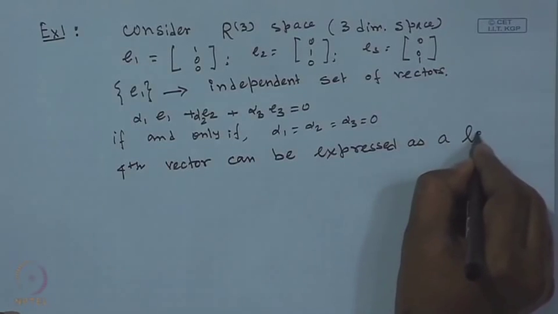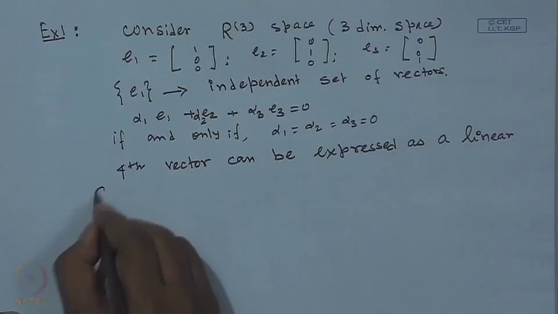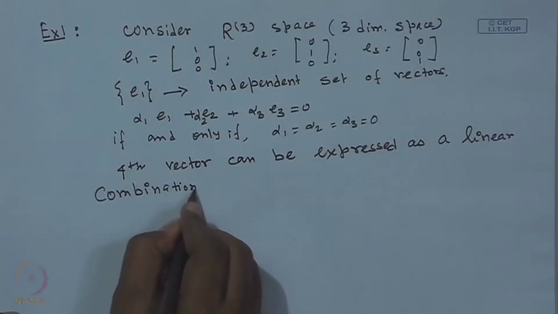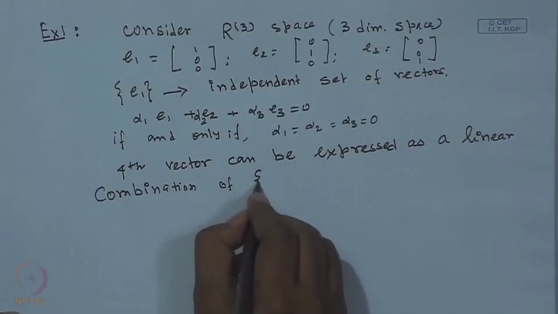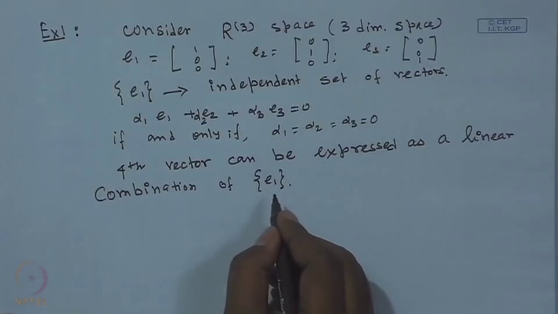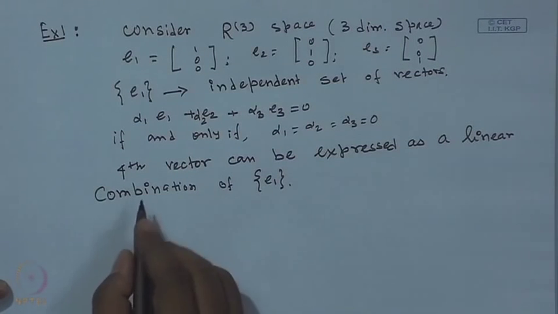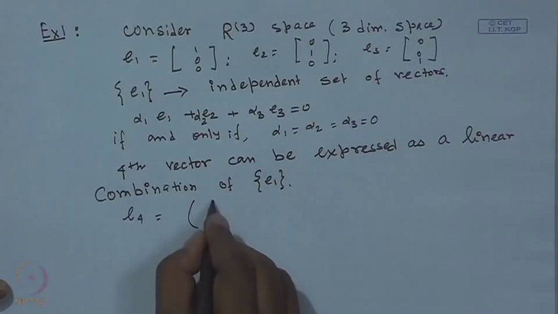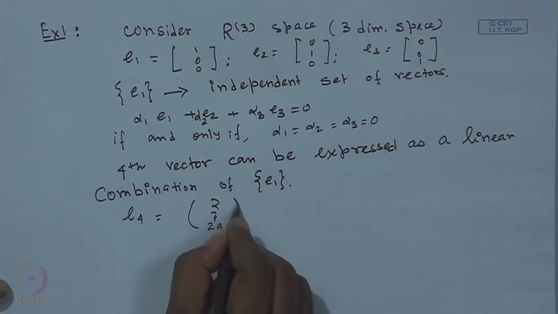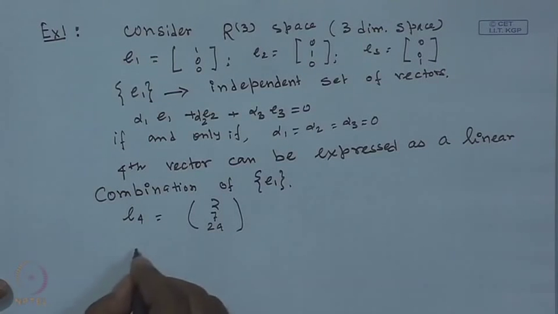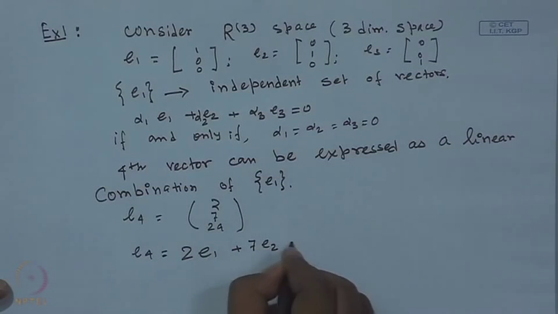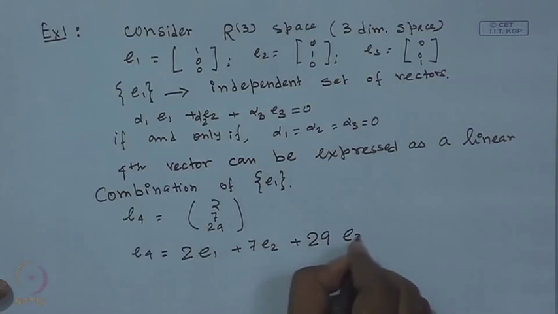So for example, if we talk about a 4th vector E4 as 2 7 29, anything, then E4 can be expressed as a linear combination of these 3 vectors: 2 E1 plus 7 E2 plus 29 E3.